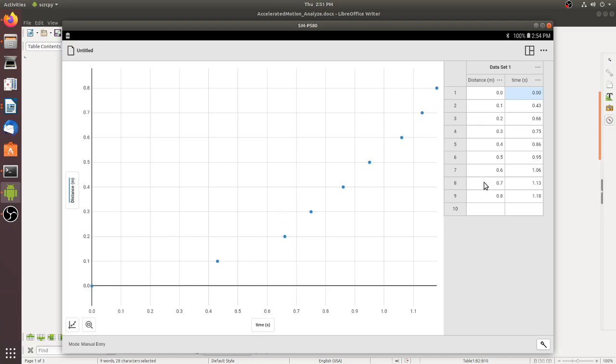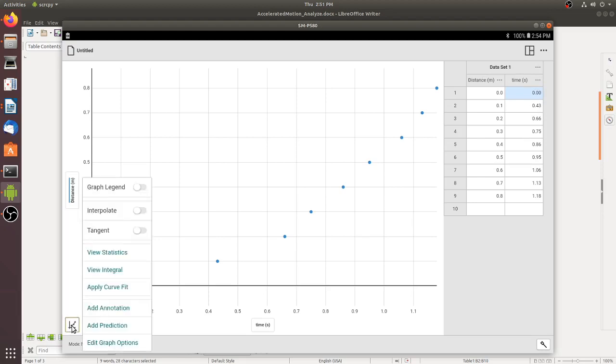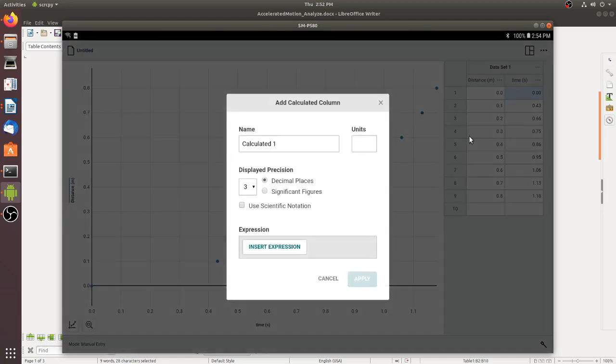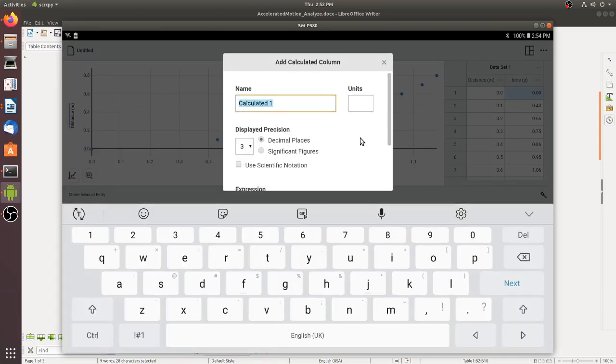Now I want to insert a column. How do I do that? Oh man, I can't remember. Add calculated column. I'm going to call that calculated column time squared.